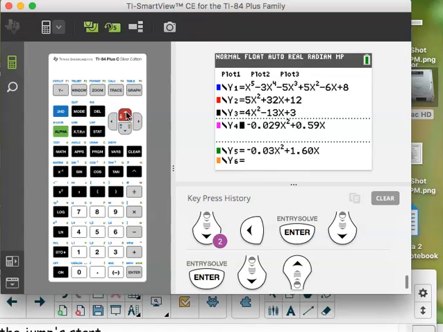Now, a frog can't jump a negative amount, so it's kind of silly for us to have negatives, but maybe we just hit zoom 6 to start with, just to see what it looks like.